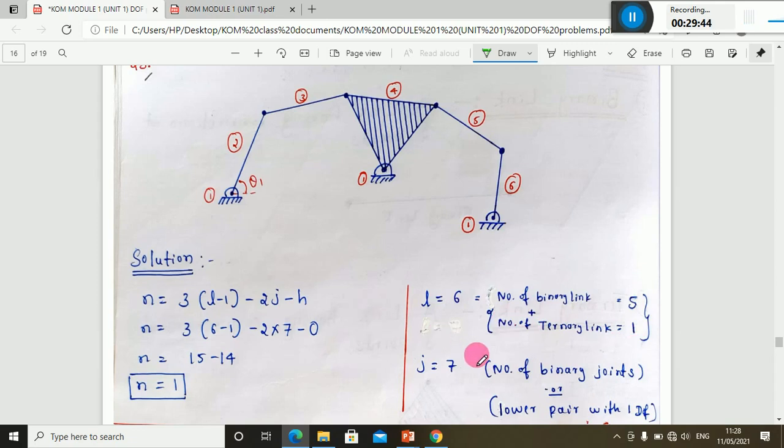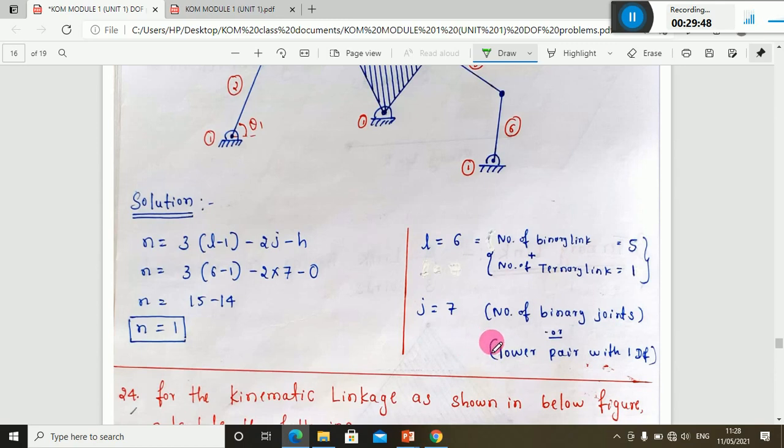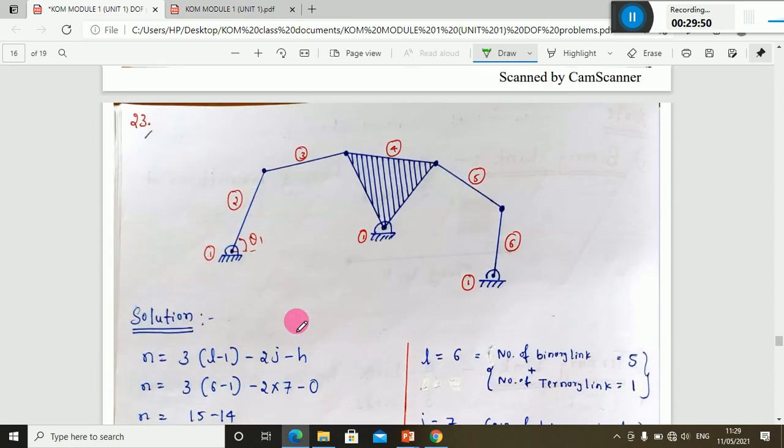And what about the number of joints? Okay, number of binary joints. Between first and second there is one joint. Between second and third, one more. Between third and fourth, one more. Again between 1 and 4 there is one more. Between 4 and 5, one more. Between 5 and 6, and between 6 and 1.